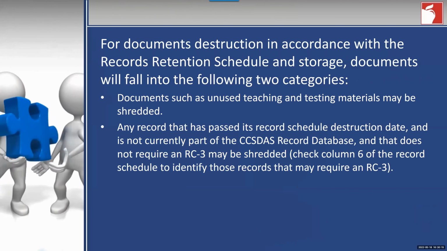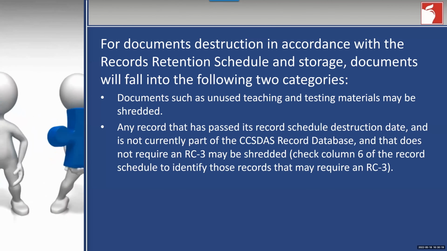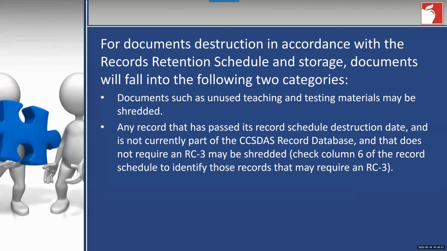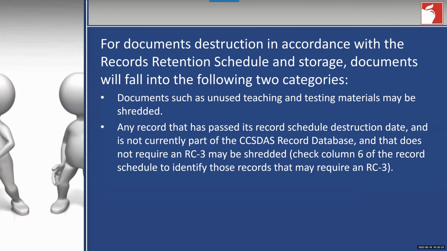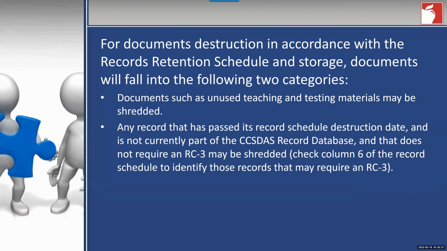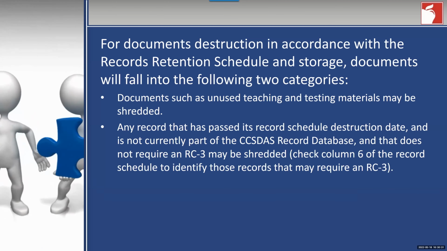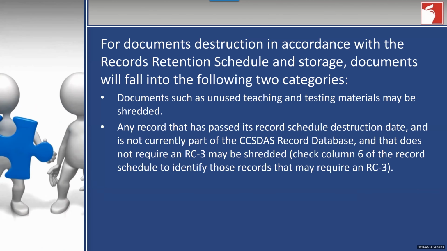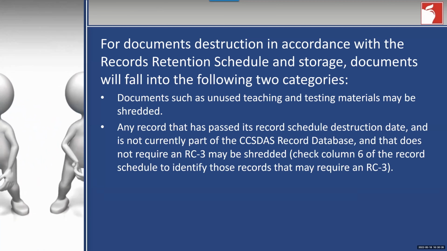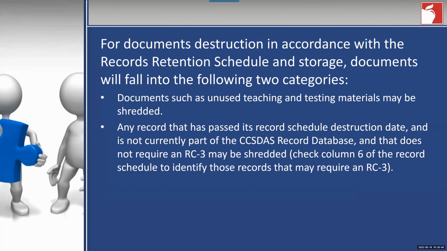That is that length of retention that Wanda spoke about. So if it says keep it for 6 years and you've had it for 7, it can be destroyed at that point. Now, if you've already entered your information into the CCS-DOS record retention database, you cannot delete it like that. At that point, you have to send me the carton and I will have to get rid of it.